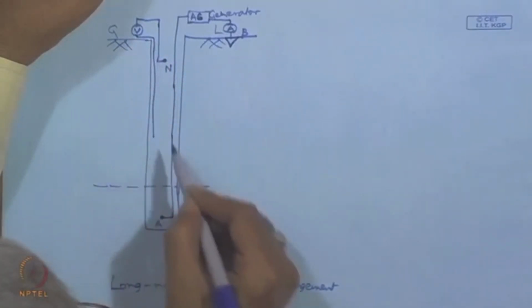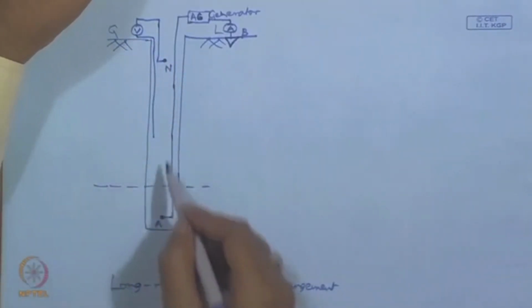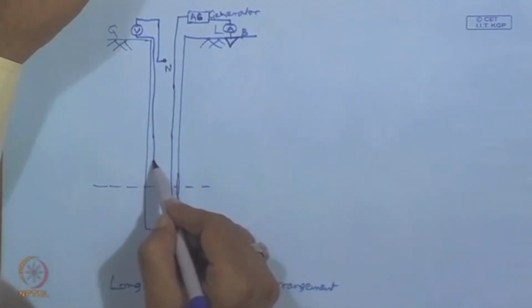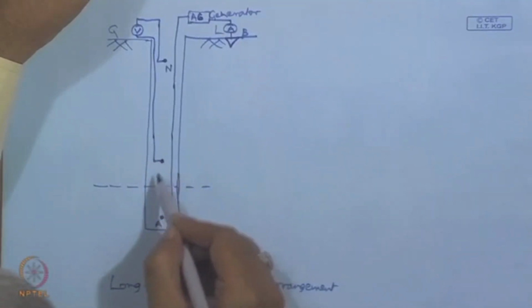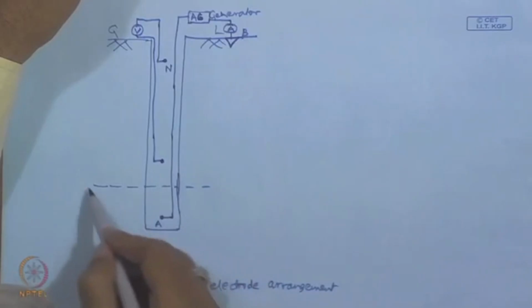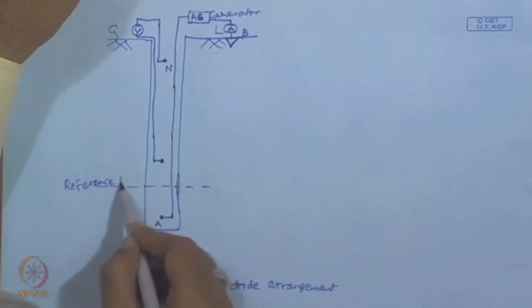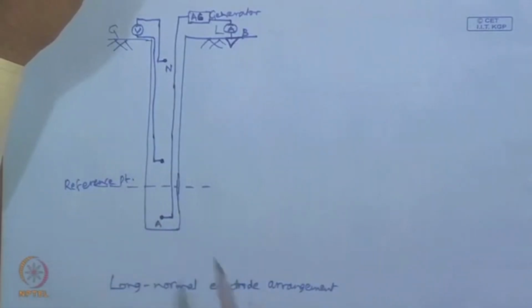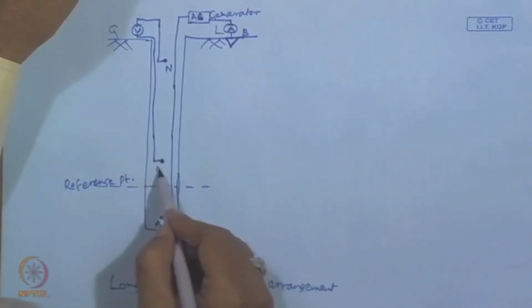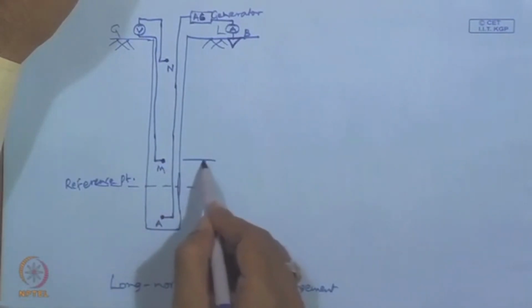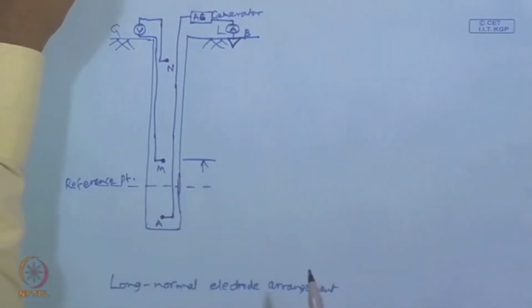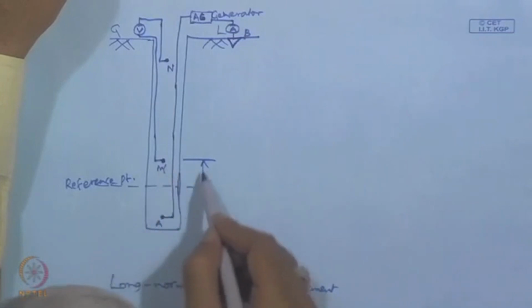Then the other electrode is on the top side of this reference line. This is the reference point, and this is M, or M dash.